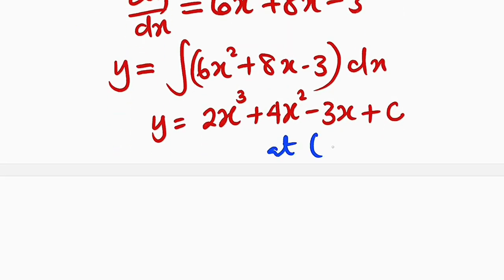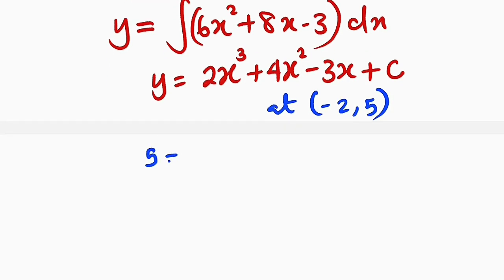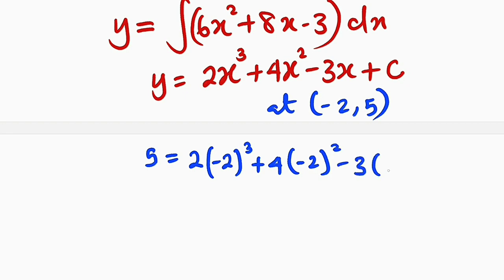So at -2, 5, we have 5 equals 2 multiplied by -2 to the third power plus 4 times -2 to the second power minus 3 times -2, then plus c. You should know that -2 to the third power is -8. -8 times 2 is -16. -2 to the second power is 4. 4 times 4 is 16. -3 times -2 is +6.